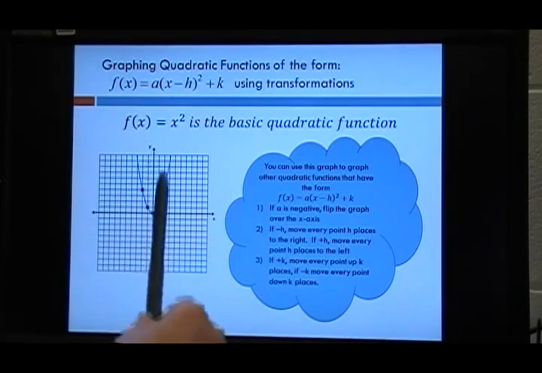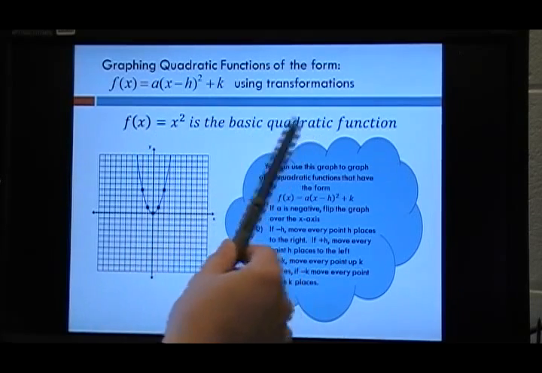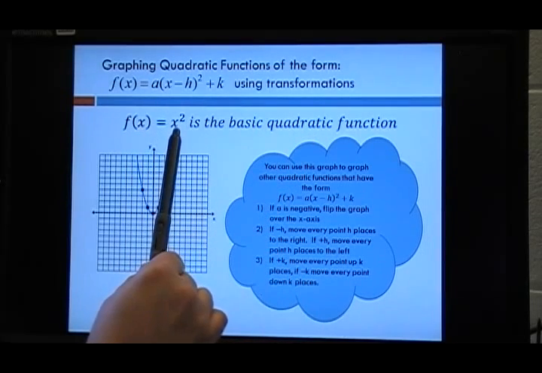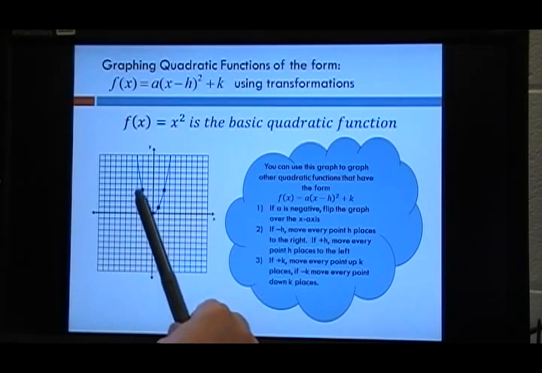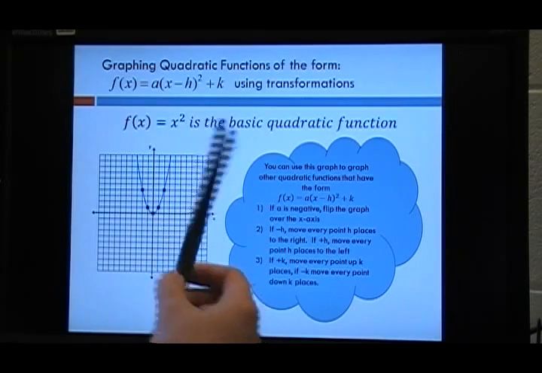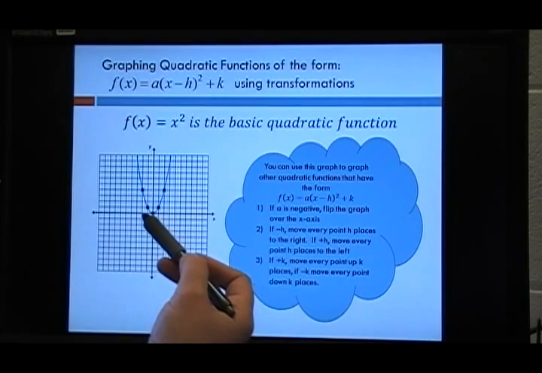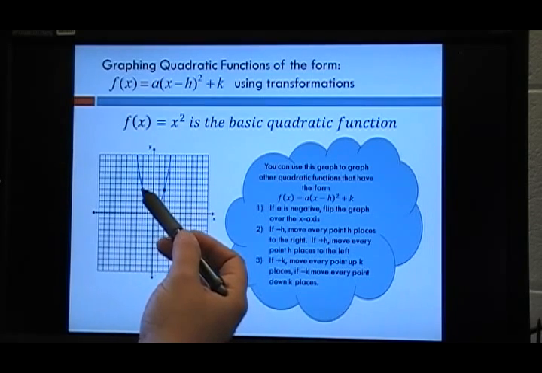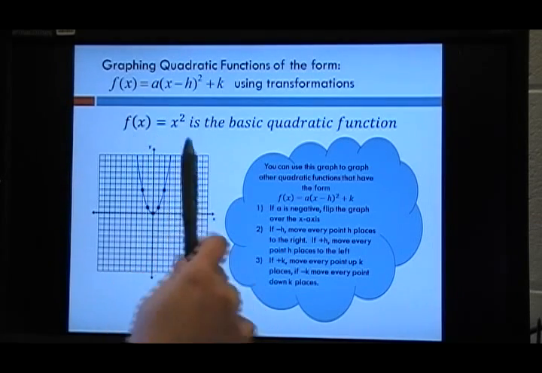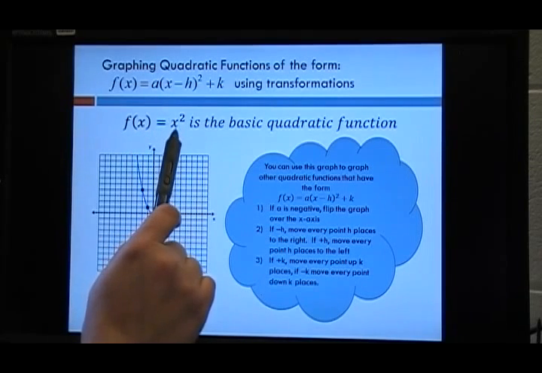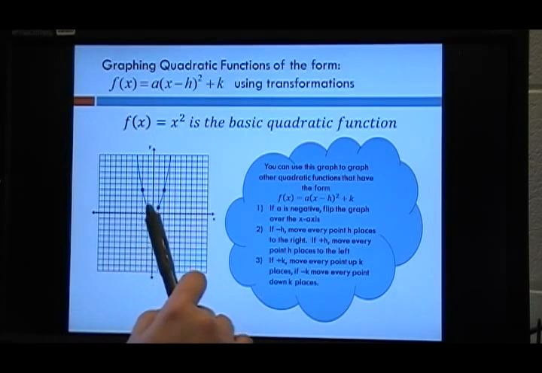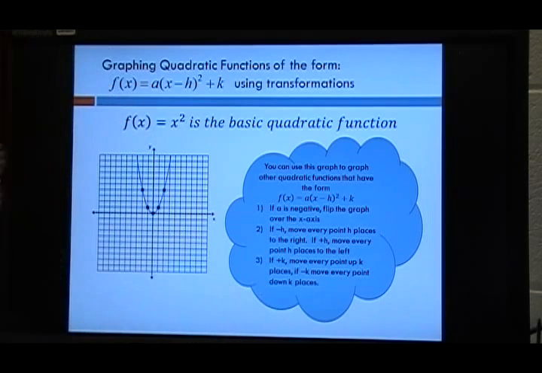Okay? What you see here is the graph of the basic quadratic function f of x equals x squared. And you can see I've highlighted a few points on this graph for you. I have a point at negative 2, 4, and you see algebraically if you substitute negative 2 in for x, negative 2 times negative 2, that corresponding output is 4.